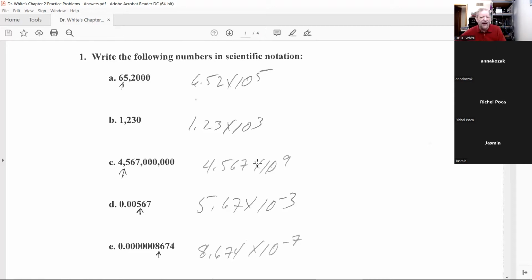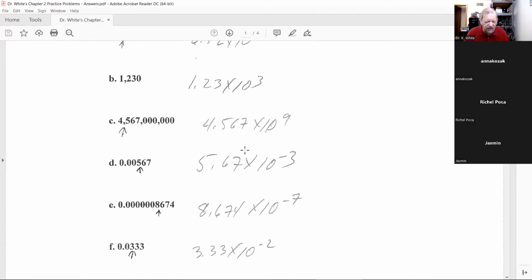Now, if you look at D, you'll see it's a number less than 1. You do the same thing when there is a decimal point, and you still move it to the right of the first non-zero number, 5. You have to move it 1, 2, 3. If there were any zeros trailing, guess what?